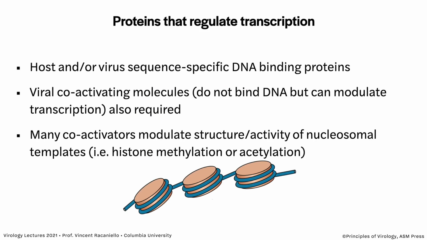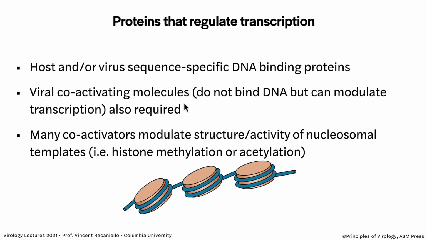I've mentioned a number of proteins that regulate transcription. So far, I've told you about sequence-specific DNA binding proteins, right? The proteins that bind those sequences on the DNA, like SP1 and CPSF and so forth. But there are also other transcriptional regulatory molecules called co-activating molecules. And by the way, these DNA binding proteins can be viral or host. So, of course, we have tons of them, but viruses can make them, and they can substitute for host proteins and modify the transcription so it favors the virus, for example.